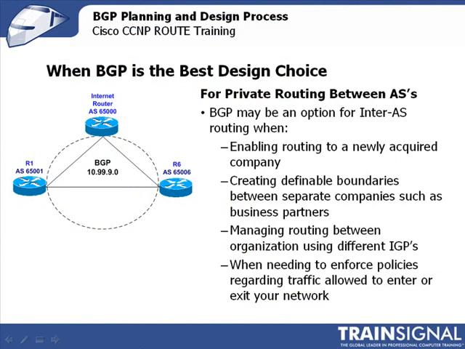Another situation in which you'd want to choose BGP for the routing protocol of choice is when you're doing private routing between autonomous systems. Now, what does that mean? Well, it means that you and one autonomous system, one entity, one routing domain, interfacing with another routing domain, autonomous system, and so forth, but outside of your organization. Well, when would that happen?